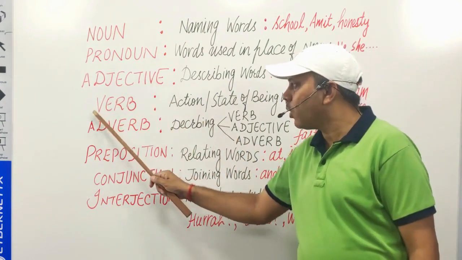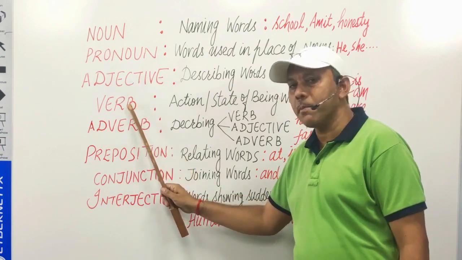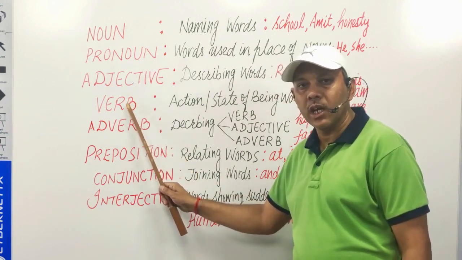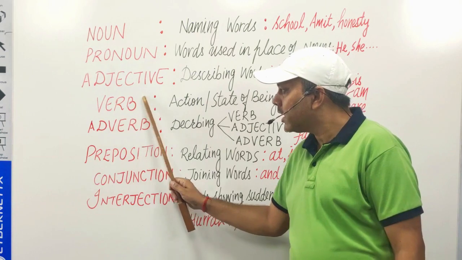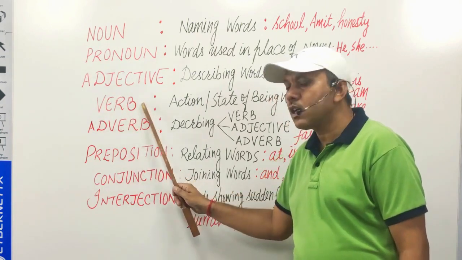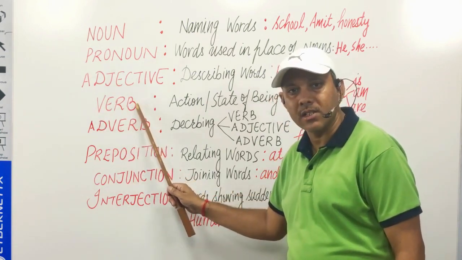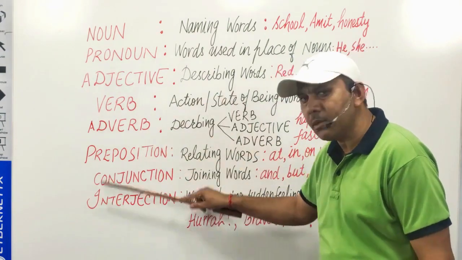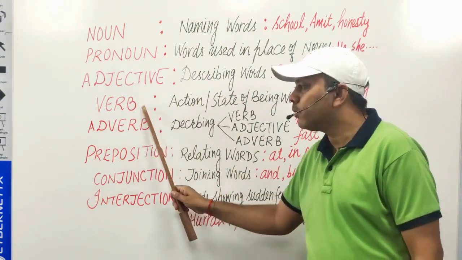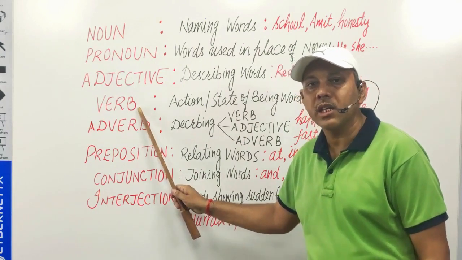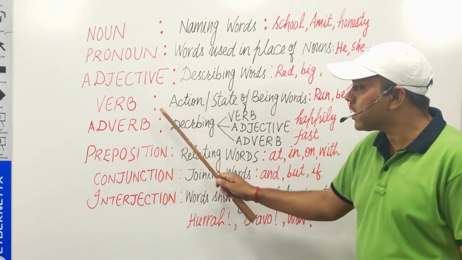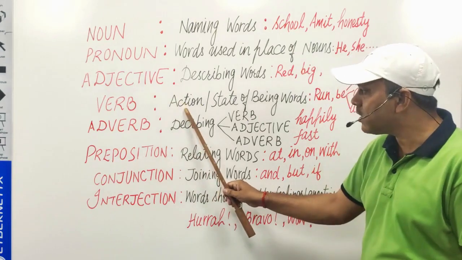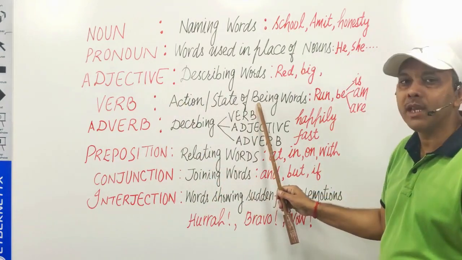The next word is verb. This is the most important part of speech in the English language because without a verb we can't construct a sentence. We can make a sentence without any other part of speech, but without a verb we can't make a sentence. This is of two types, action words or state of being words.